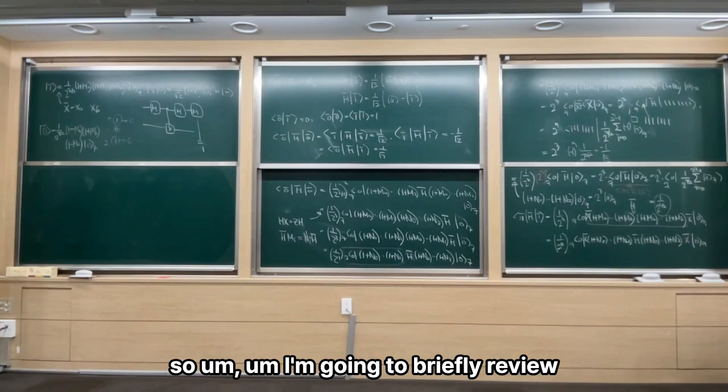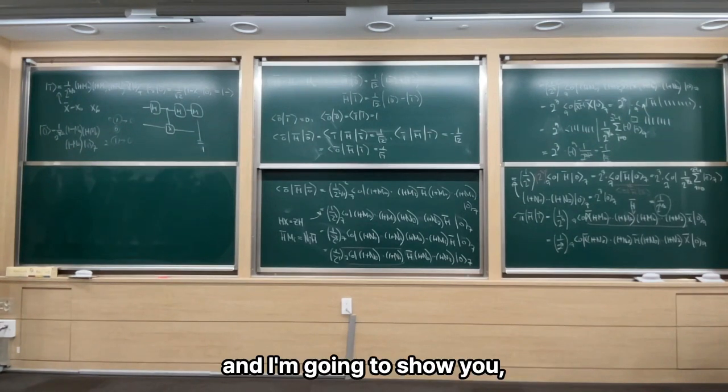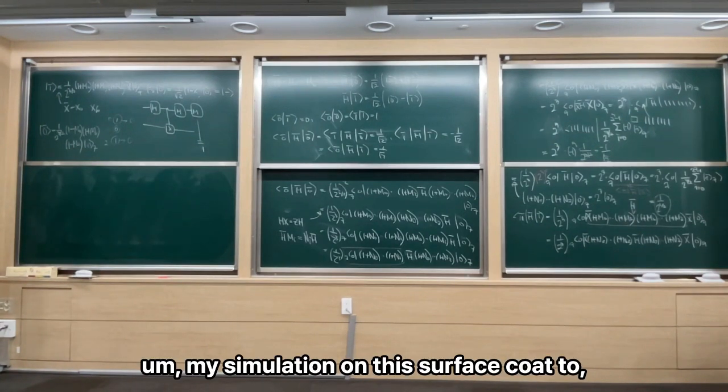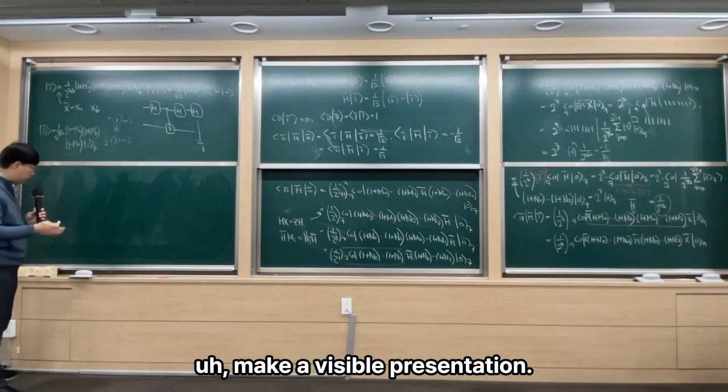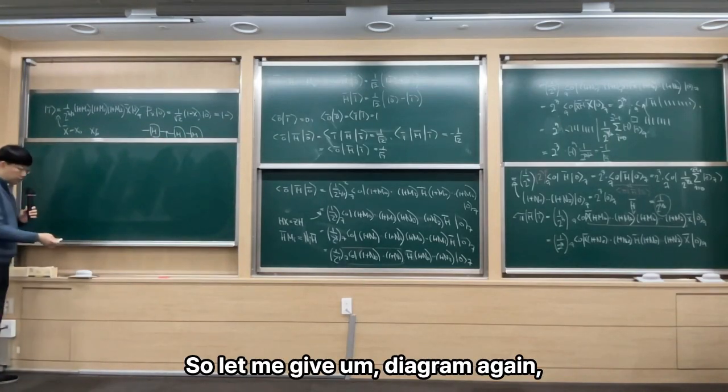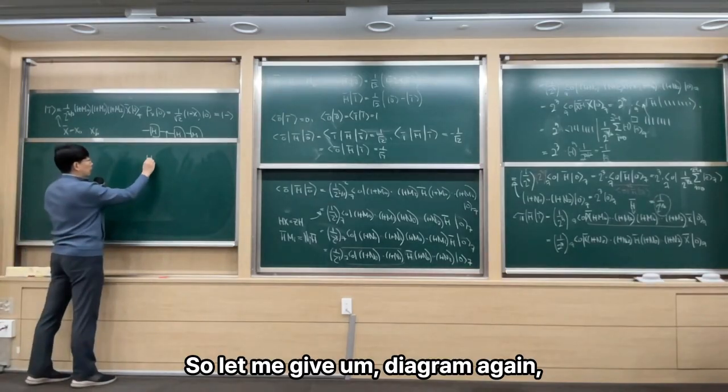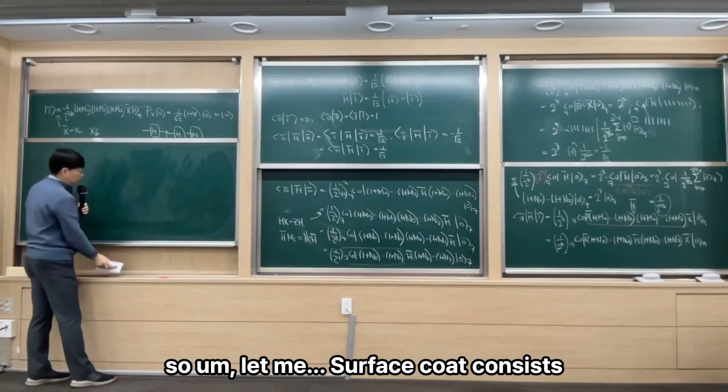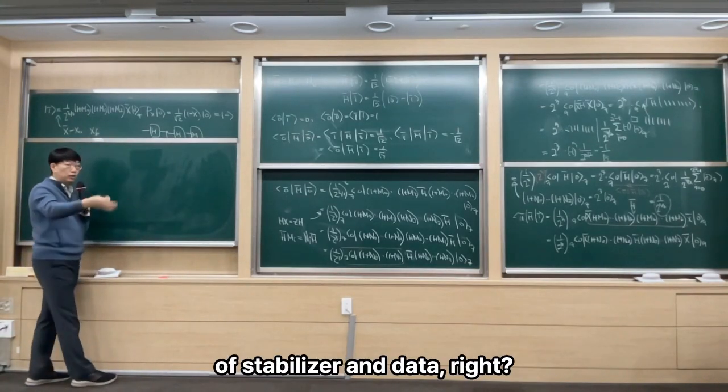Okay, so I'm going to briefly review the surface code, and I'm going to show you my simulation of the surface code to make a visible presentation. So let me give a diagram again. The surface code consists of stabilizer and data, right?